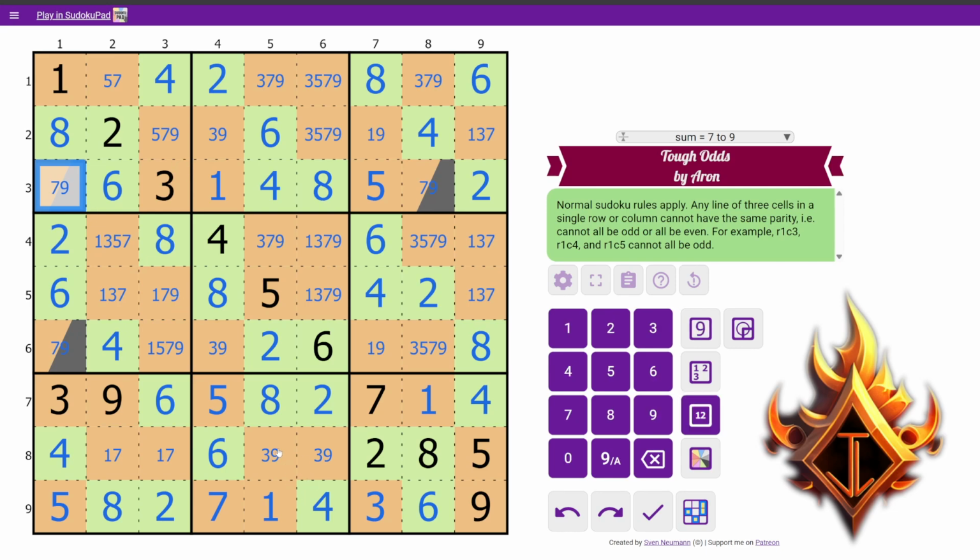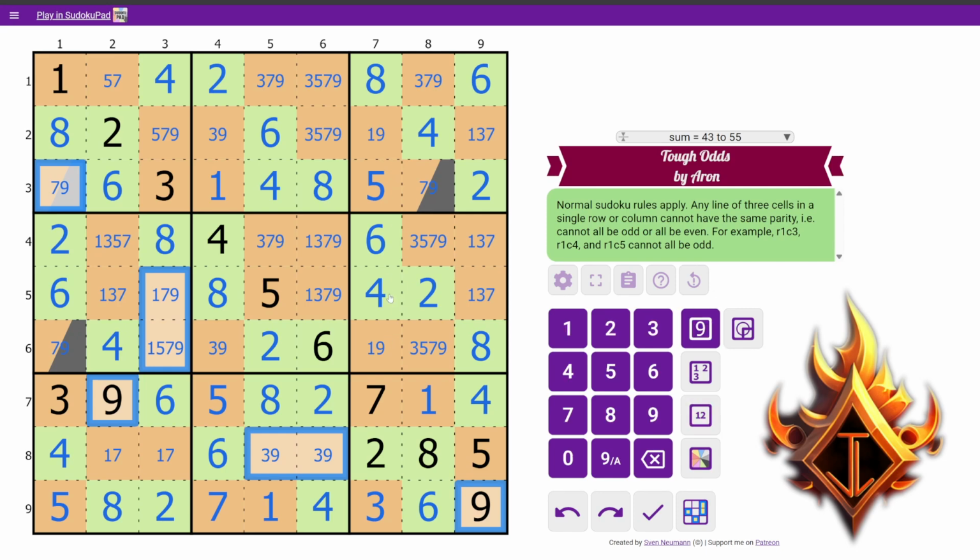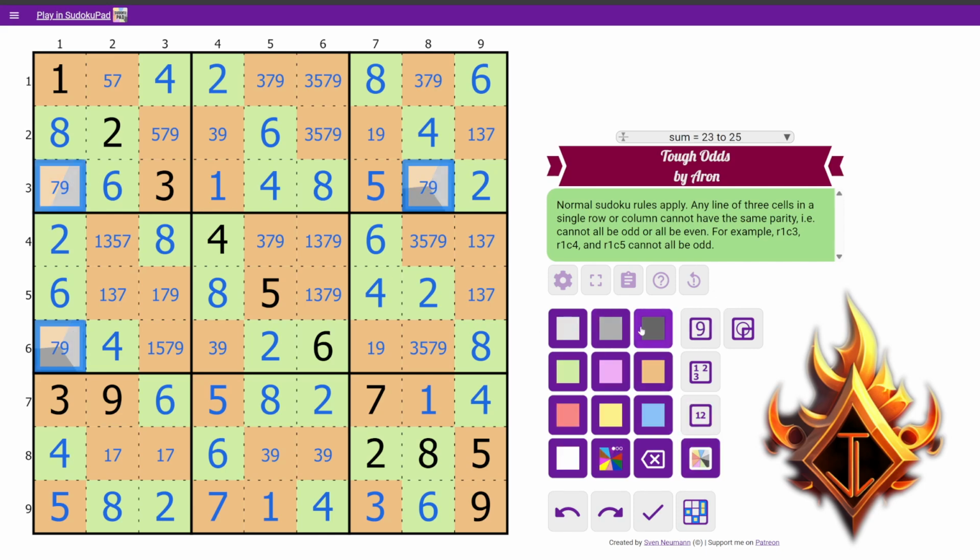This would be the 9. I don't have any more light ones. I have a 1-9. What's going on here? So many combo wombos.